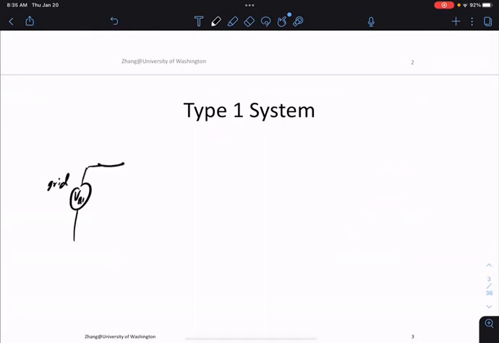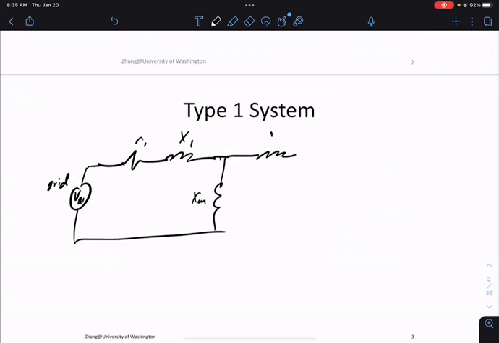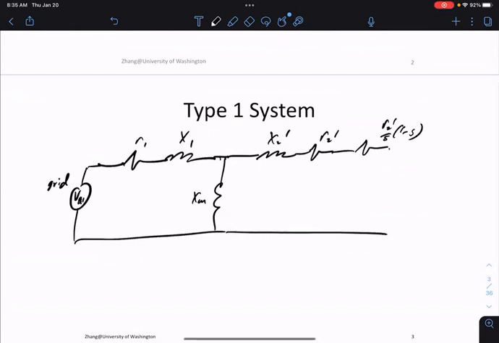VA1 is the grid voltage, then some resistance, some reactance, some shunt reactance, X2, R2, and R2 prime (1-S)/S, with VA2 over S. Normally we want to compute the current flowing this way to compute the power.